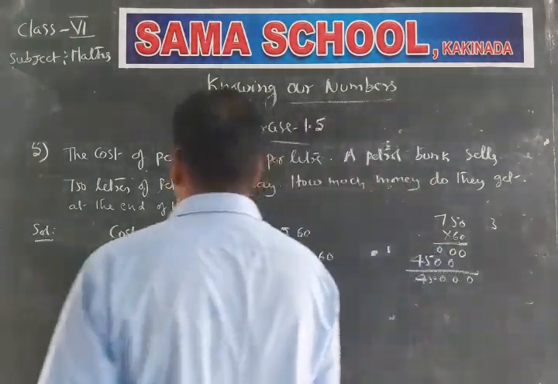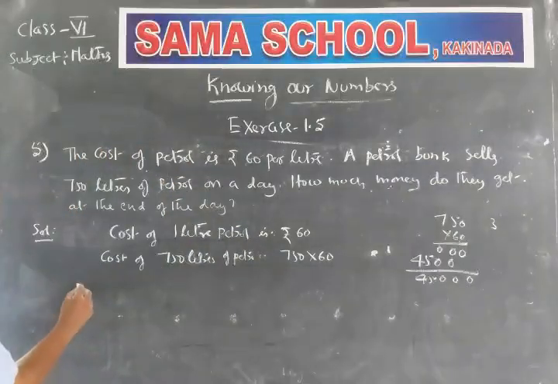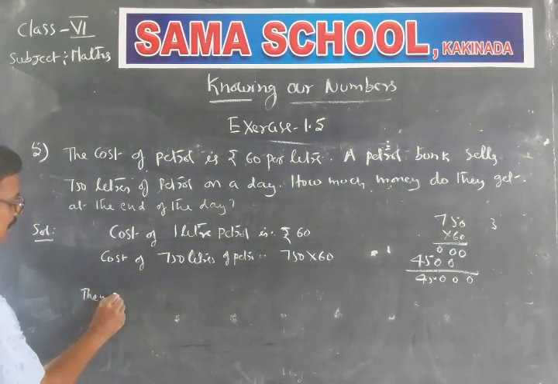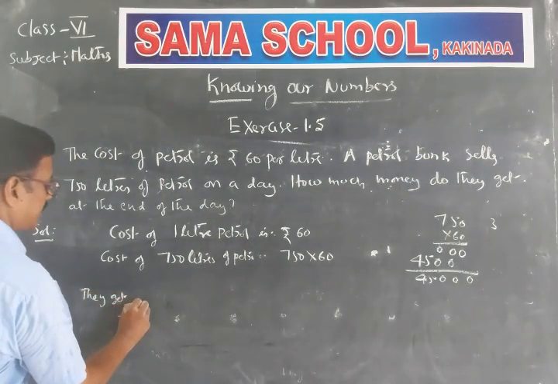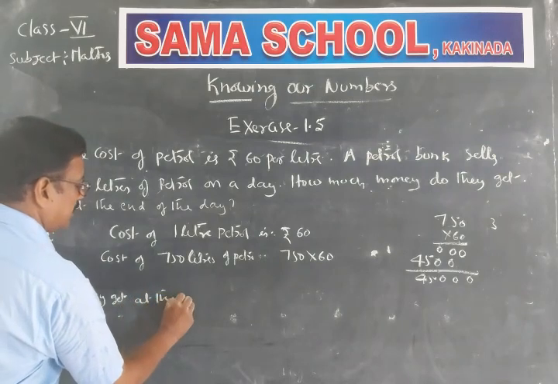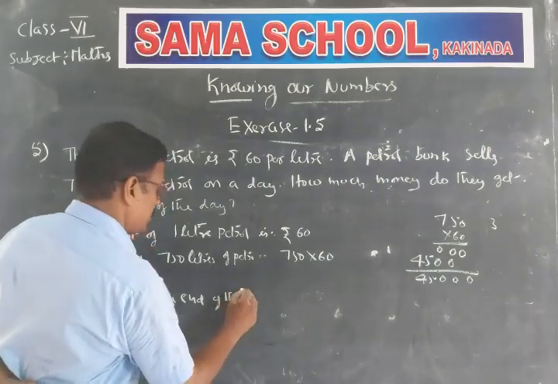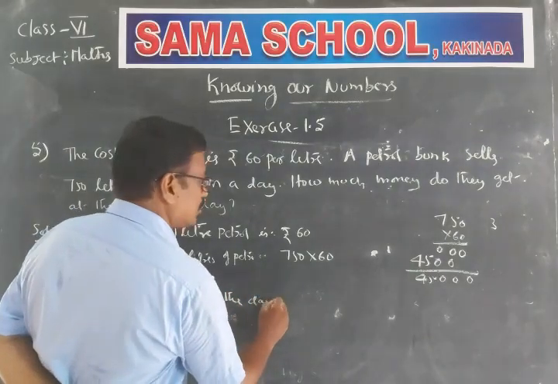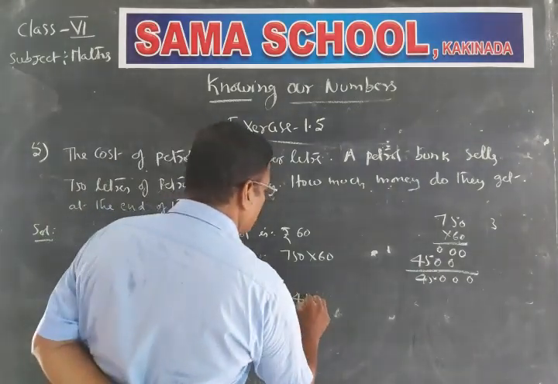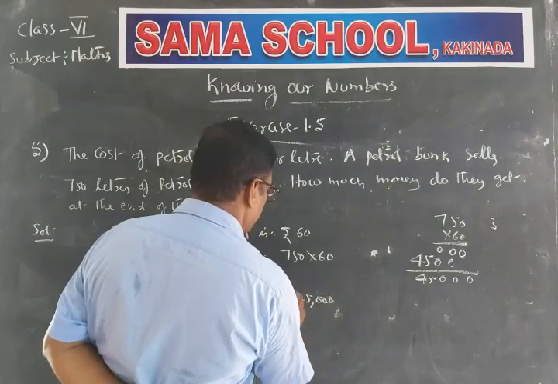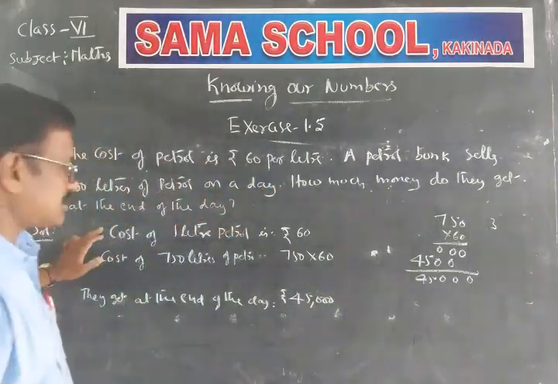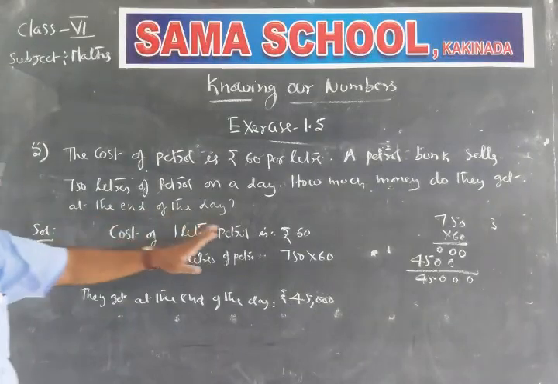Now the amount they get at the end of the day is equal to 45,000 rupees. In this case, the cost of 1 liter of petrol is 60 rupees.